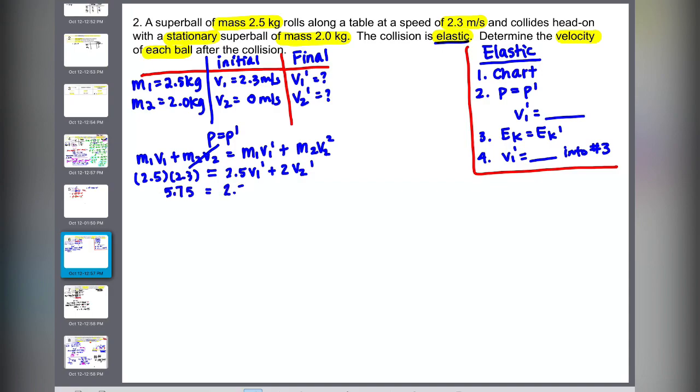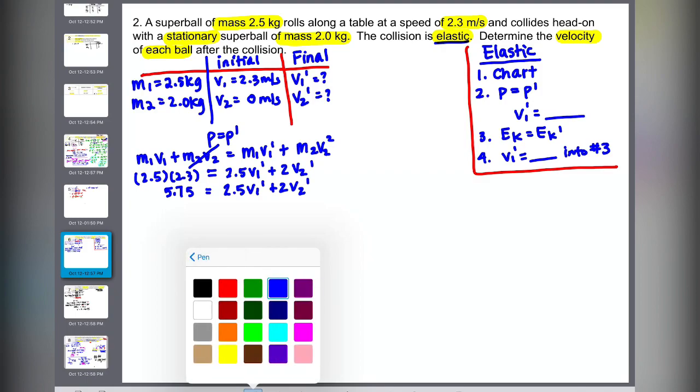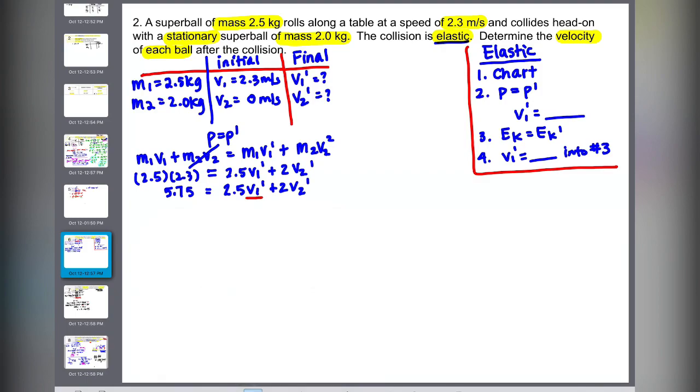It equals 2.5 v1 prime plus 2 v2 prime. All right, clean it up, v1 or v2, that's up to you. I like to pick numbers that are cleaner. So let's try to take 5.75 and divide it by 2.5, and it worked out to be 2.3, so that looks okay. So I am going to choose to isolate for v1 prime.